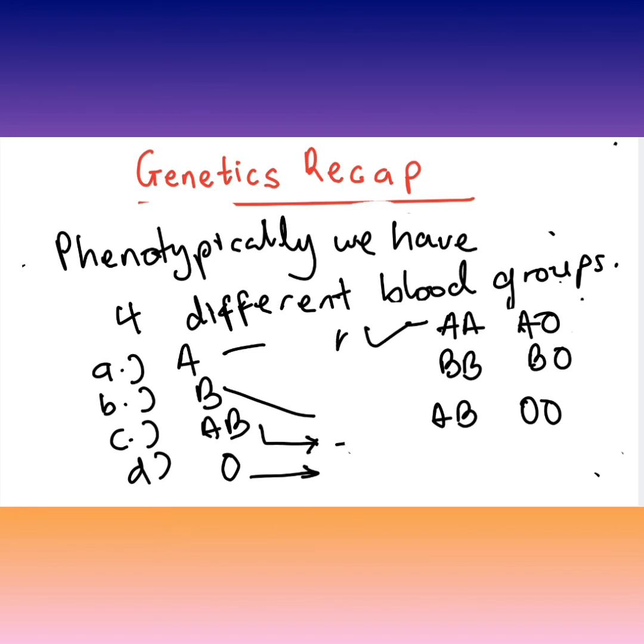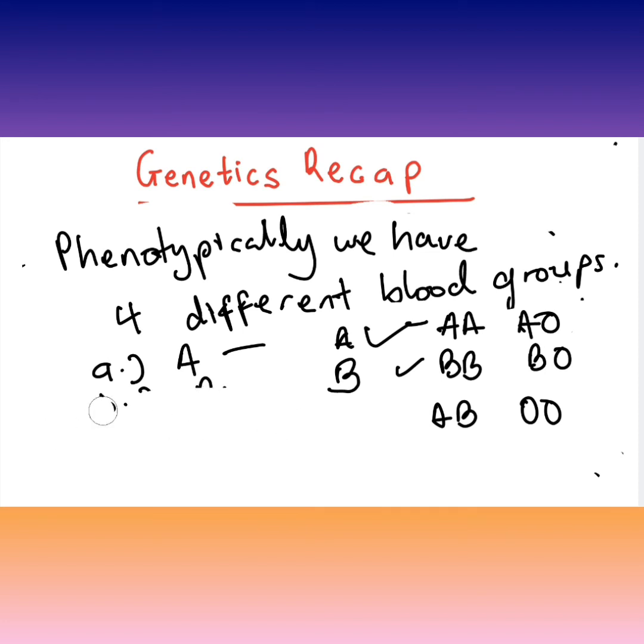So blood group A. Now, individuals with genotype BB belong to blood group B. No problem there. Now, this is where it gets a little bit complicated. What about individuals who have genotype AO and genotype BO? What blood groups do they belong to?